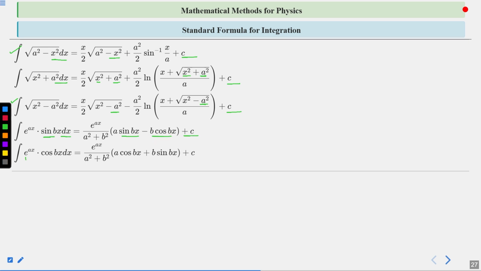Similarly, integration of exponential raised to the power ax cos bx dx is equal to exponential raised to the power ax divided by a square plus b square times a cos bx plus b sin bx, plus c. So all the formulas are very important. You need to remember all these formulas.